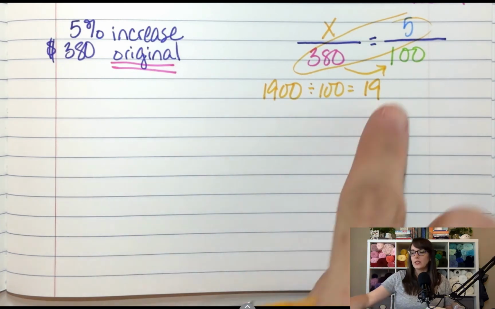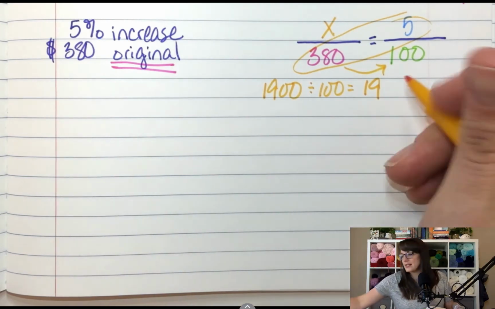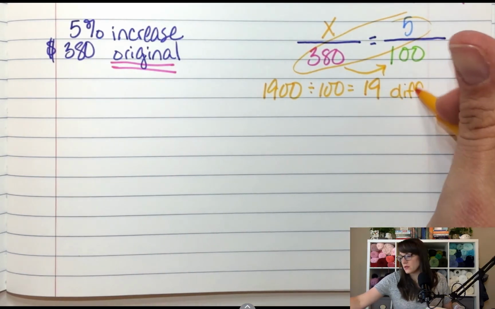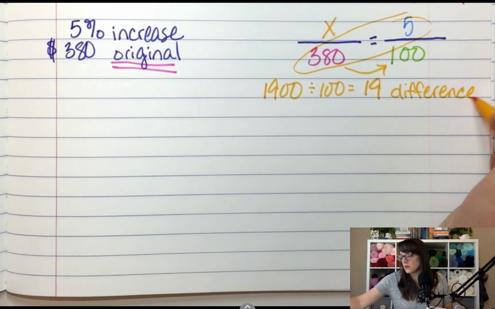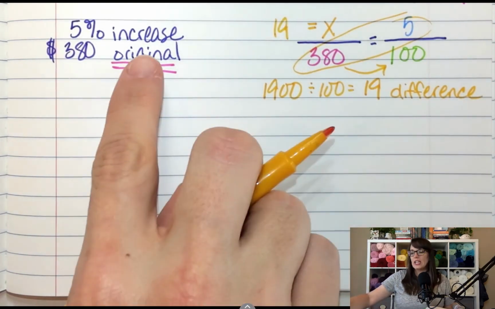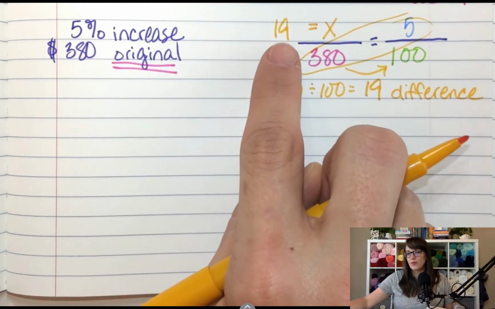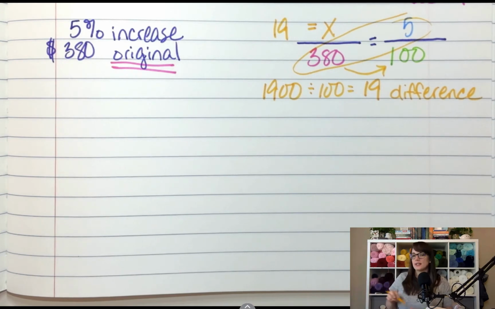But with this one, 19, what is that? 19 is the difference. So if it increased 5%, with the 19, if I increase 19, is that adding or subtracting? It's adding. Increase, I'm going to add.